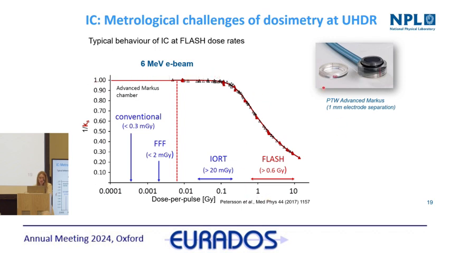However, when we start approaching the ultra-high dose per pulse regime, which is typical for FLASH radiotherapy, this instrument is exhibiting very, very large ion collection losses. As you can see, in some cases going down to 50% or even 70% collection losses. And it's due to the ion recombination I just described before.